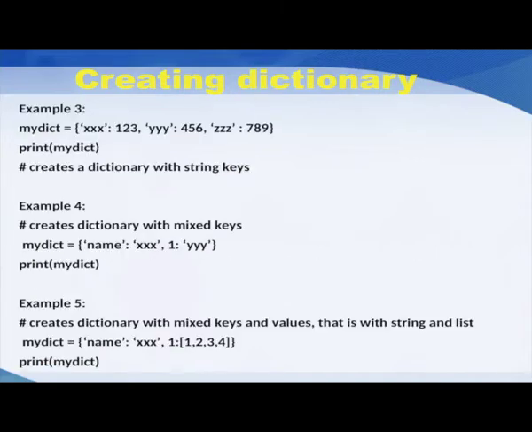Here too we can see some more examples for creating dictionary. In example 3, we create a dictionary with strings as keys. In example 4, we create dictionary with mixed keys. In example 5, we create dictionary with mixed keys and values, that is with string and list.